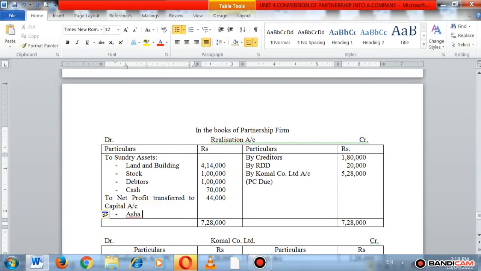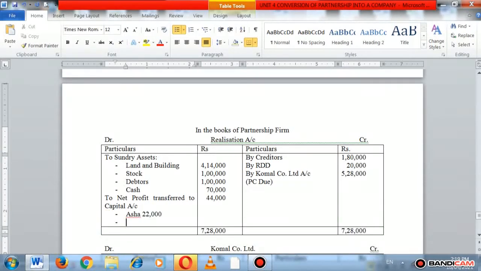Then Asha 22,000 profit, then Usha, so Usha is 14,667. Okay, we get a round figure, we take into consideration the round figure. It means 44,000 multiplied by 2 divided by 6.